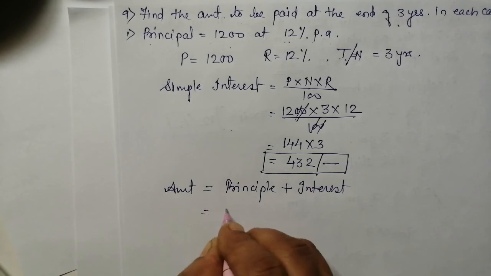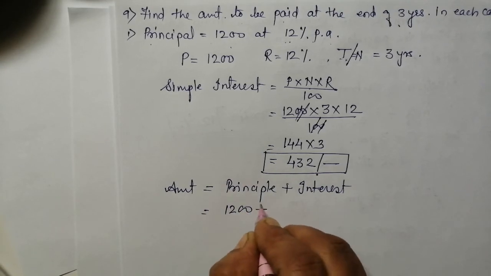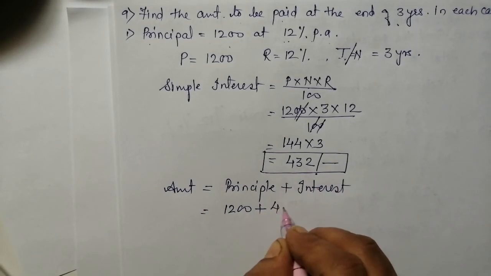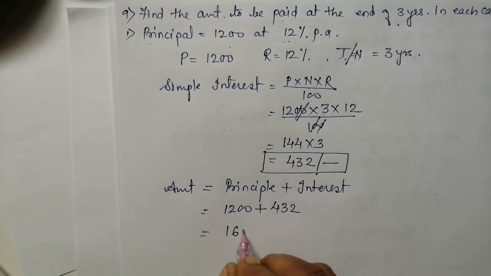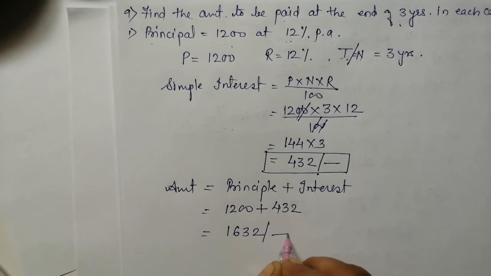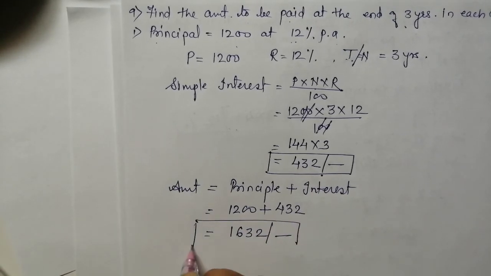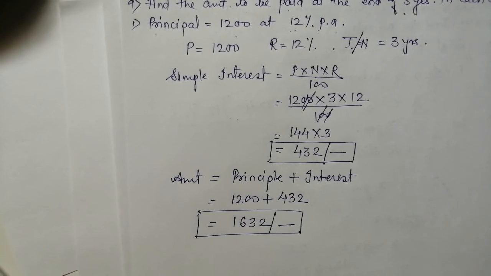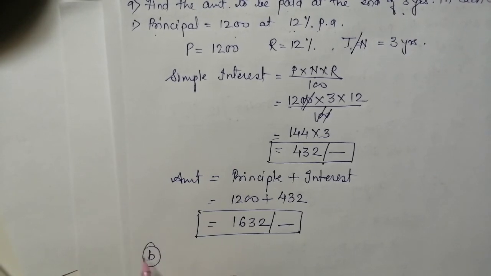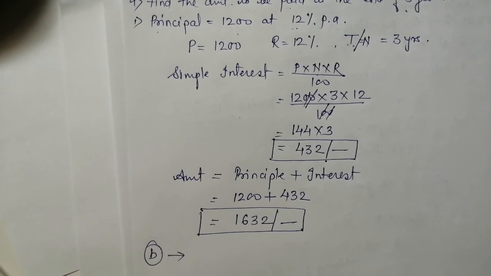Principal is your 1200 rupees plus interest is equal to 432. That means 1632 rupees is the amount after the 3 years you have to pay. On the same basis, next B you have to find out on your own.